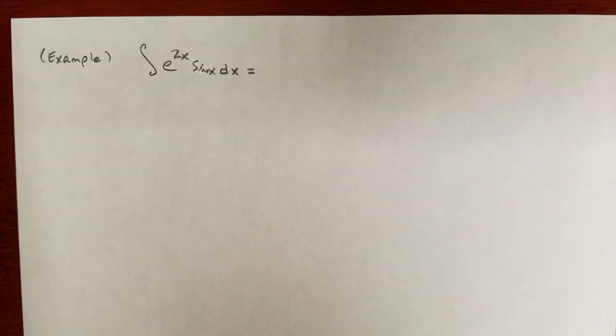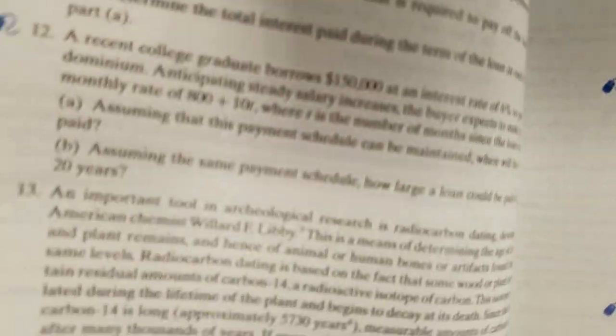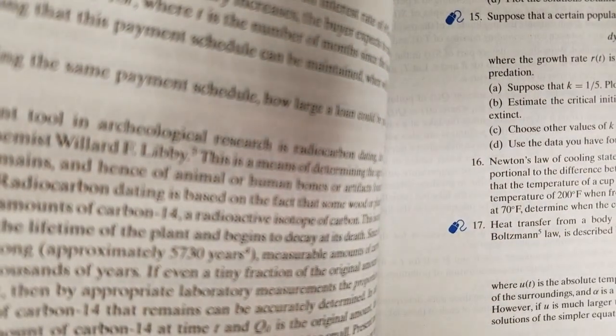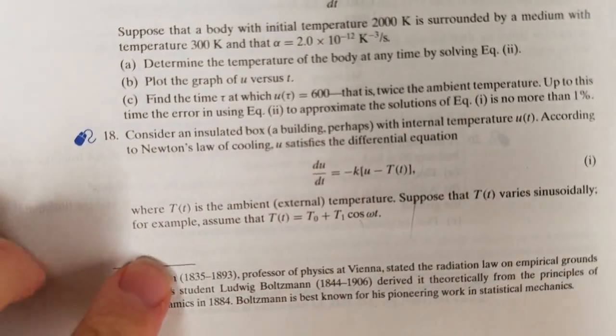Now I'll take one that's more complicated. This one right here. To give a little background, it's an important kind of integral. Here's a problem from another course called Differential Equations.